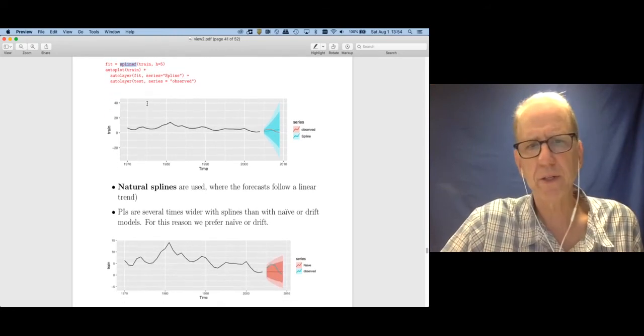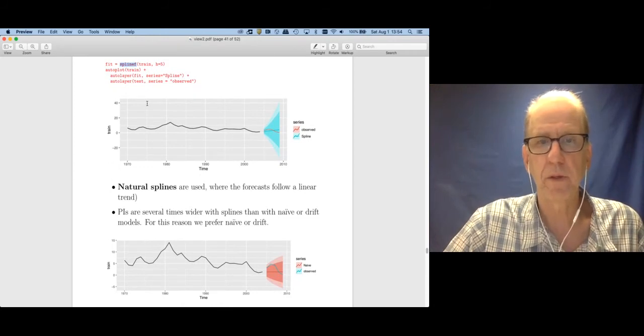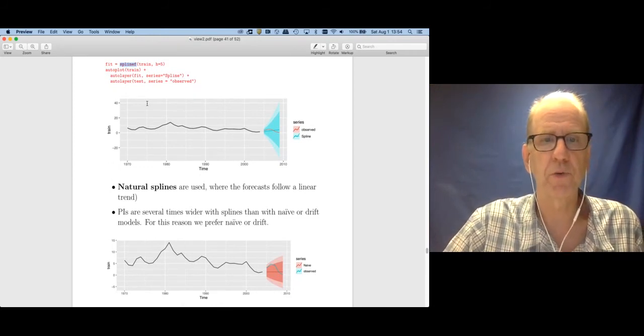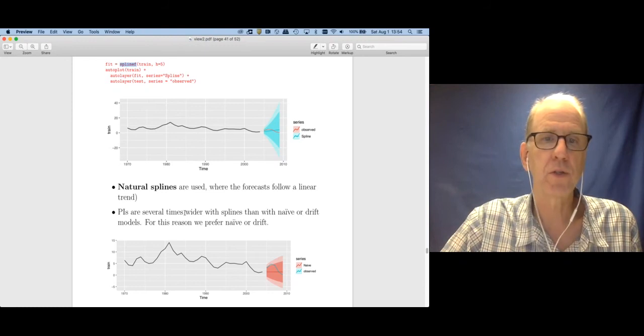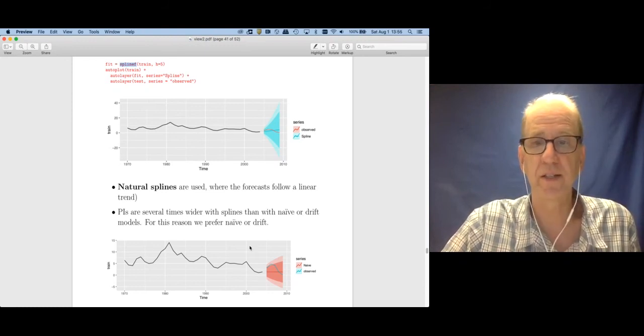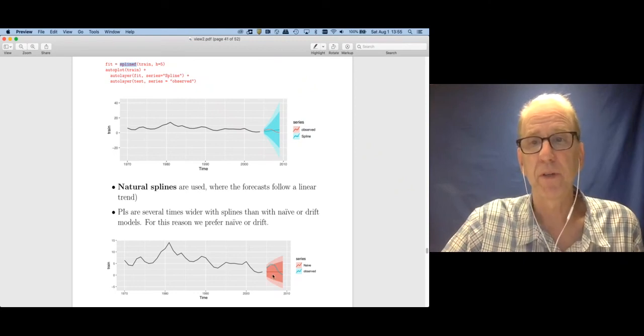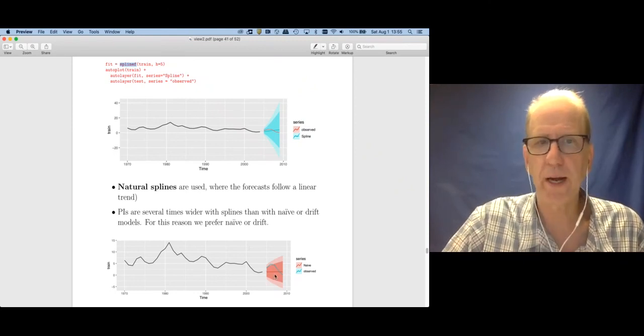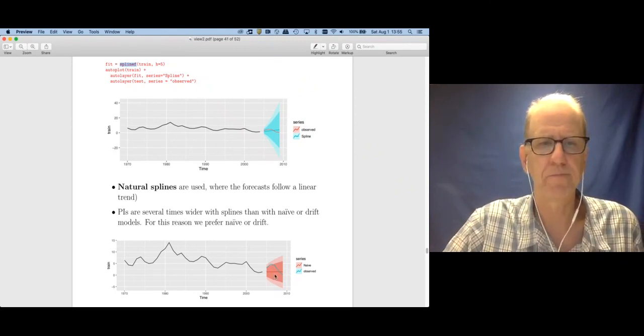Now, let's go back to a plot that I made during the previous module where I just used the naive method. And so what you're going to see is that the naive method gives much more reliable forecasts than the splines.